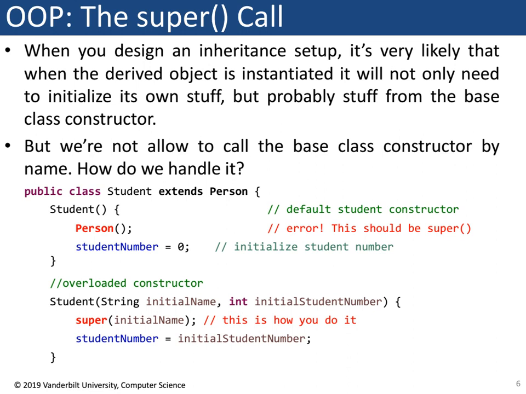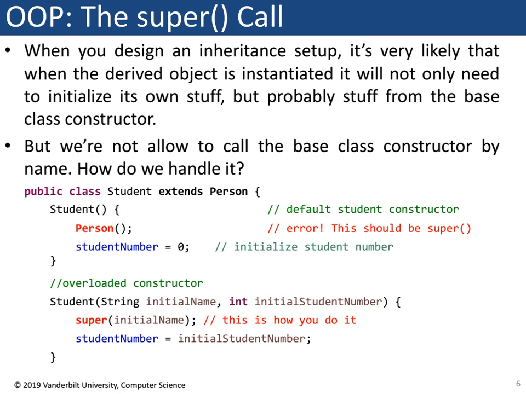So when we say super and then open parentheses and give it parameters, what we're doing is we're calling the constructor which is a part of this superclass. So we're calling the person constructor. So it expects a name to be passed to it as a parameter. So we're calling the person constructor by using the keyword super, and we're passing it a name. So it initializes the name, which is stored in the instance variable, which is part of the person class.